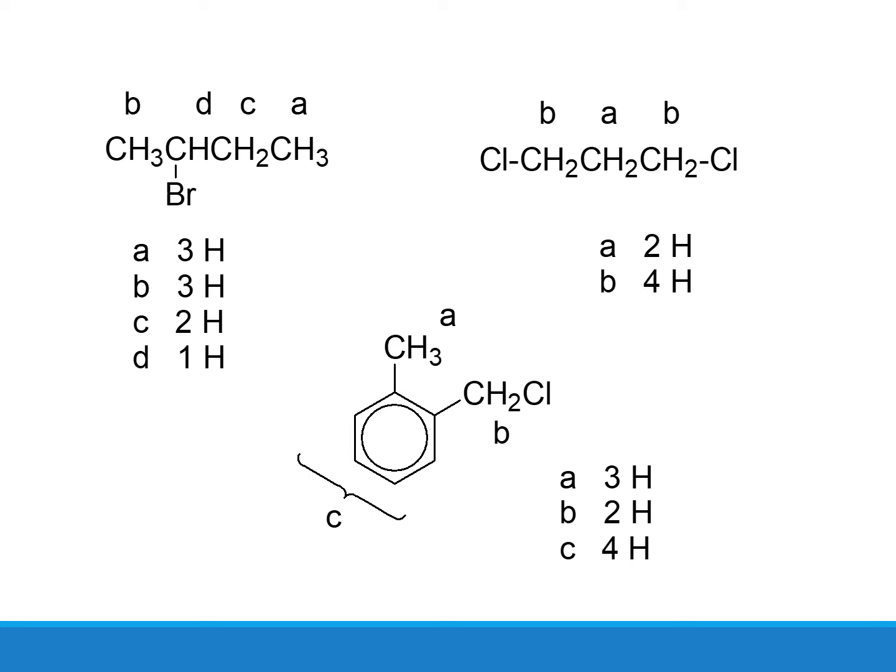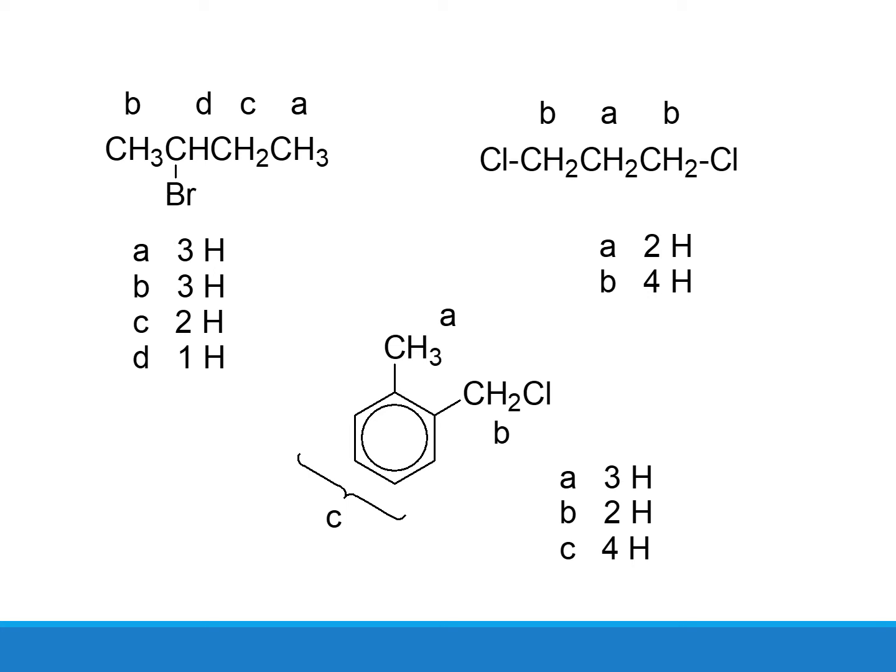For instance, in the structure that contains the benzene ring, we have 3 kinds of hydrogens, and these appear in a 3:4 ratio.